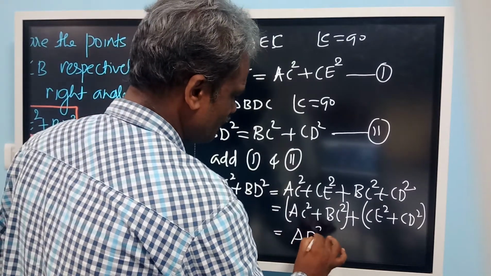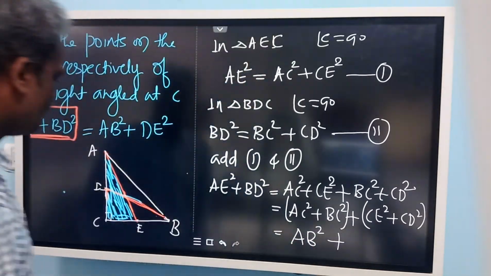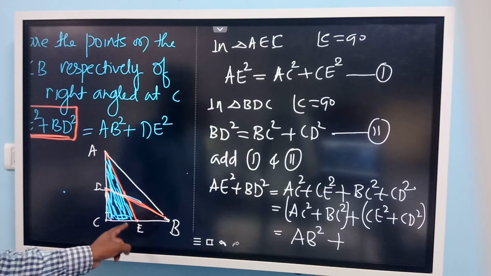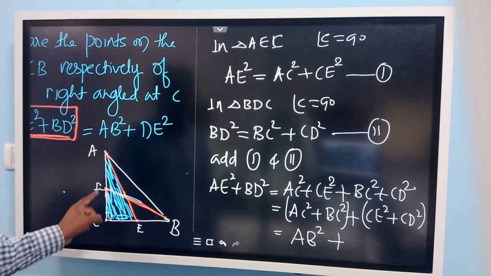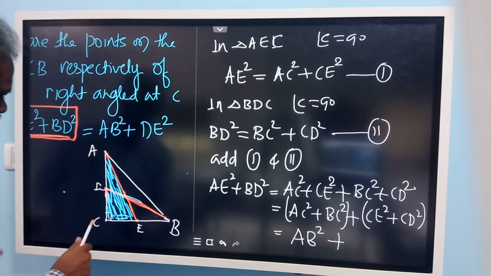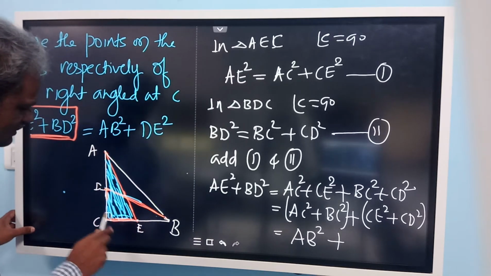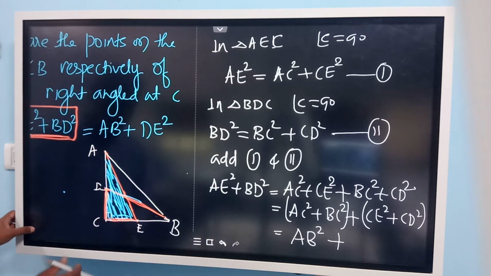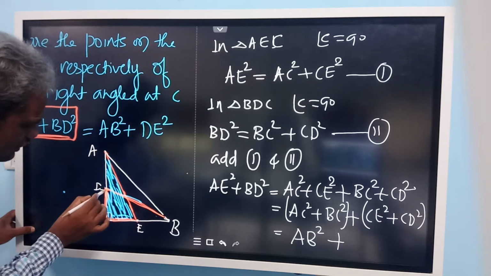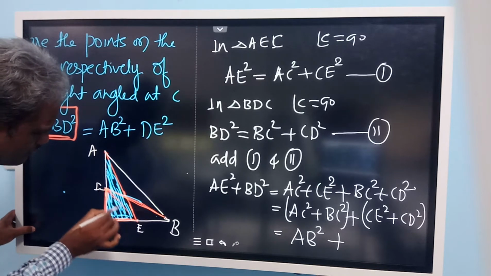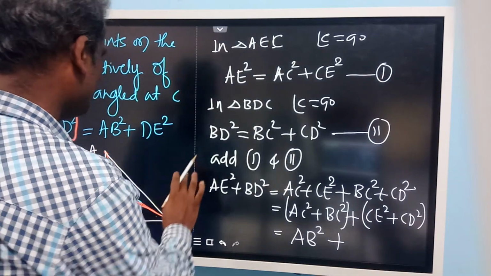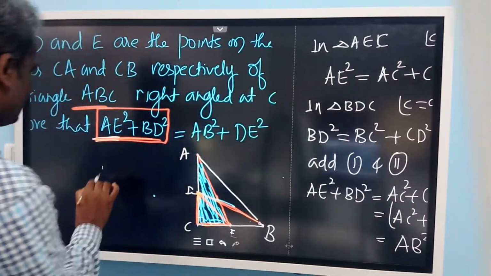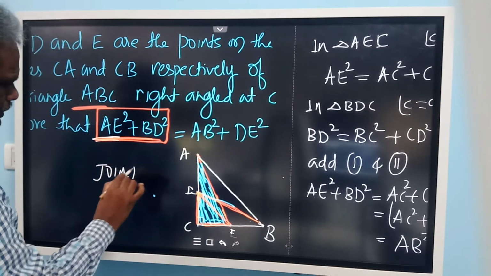Plus, look at the diagram, CE square is this one and CD square is this one. So CE square plus CD square, you join DE. You can write one more construction here, join DE also in the diagram.